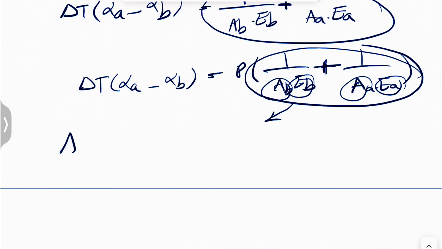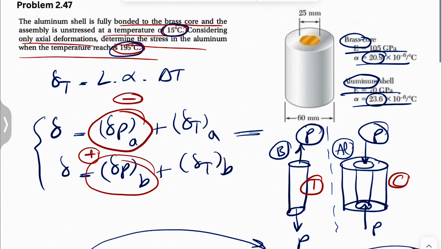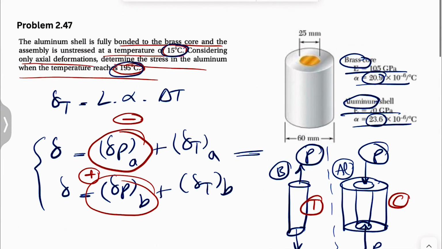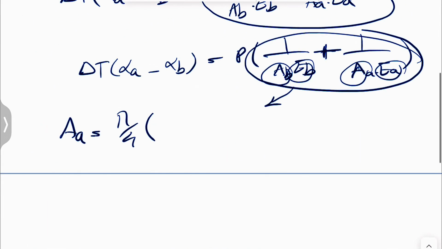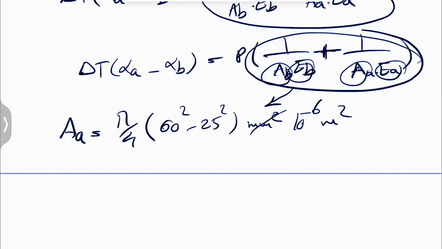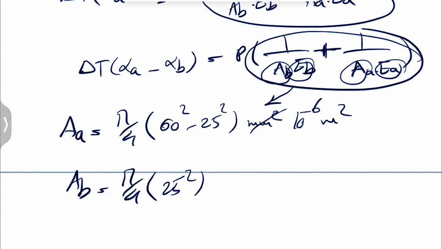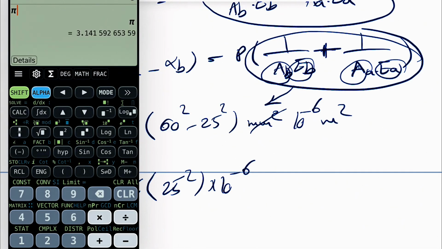The area of the aluminum is a hollow cylinder, so pi divided by 4 times the outer diameter, which is 60 millimeter, the inner is 25, so 60 squared minus 25 squared, and that's going to be millimeters squared, or we can multiply it by 10 to the minus 6 to get it in meters. And the area of the brass is the same thing, but this is a solid cylinder, there's no hole in the middle, and the diameter is 25, so 25 squared, again times 10 to the minus 6.